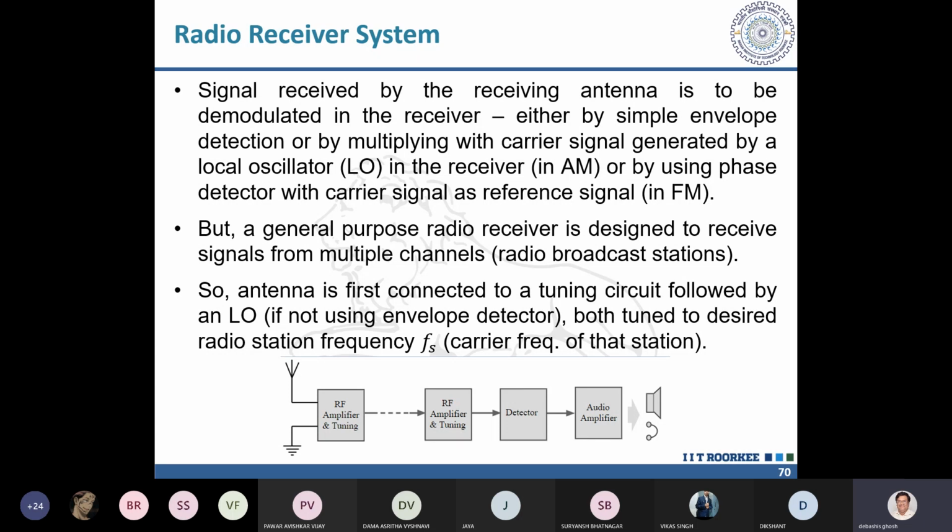So because the antenna is picking up all the frequencies, the antenna has to be connected to a tuning circuit, and then it will be followed by a local oscillator. Both of them, the local oscillator and the tuning circuit, have to be tuned to that particular desired radio station frequency, Fs, which is the carrier frequency of that radio station.